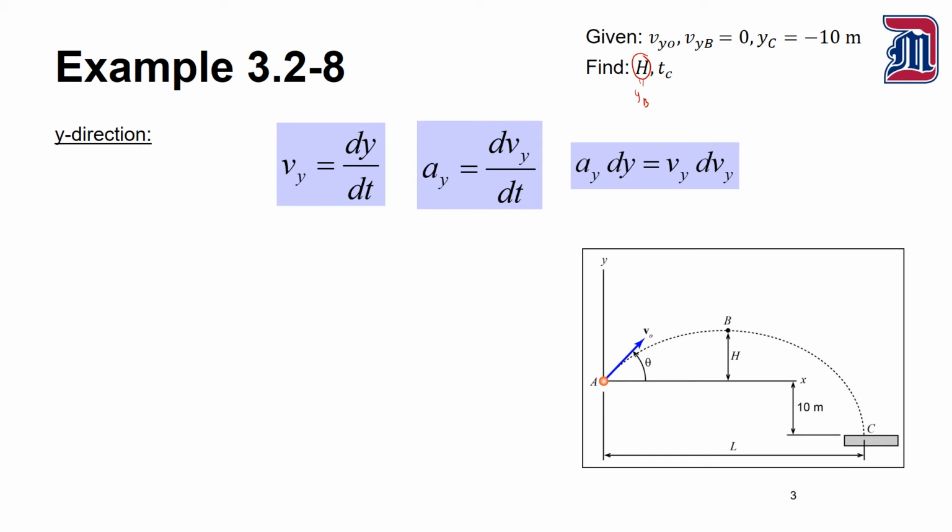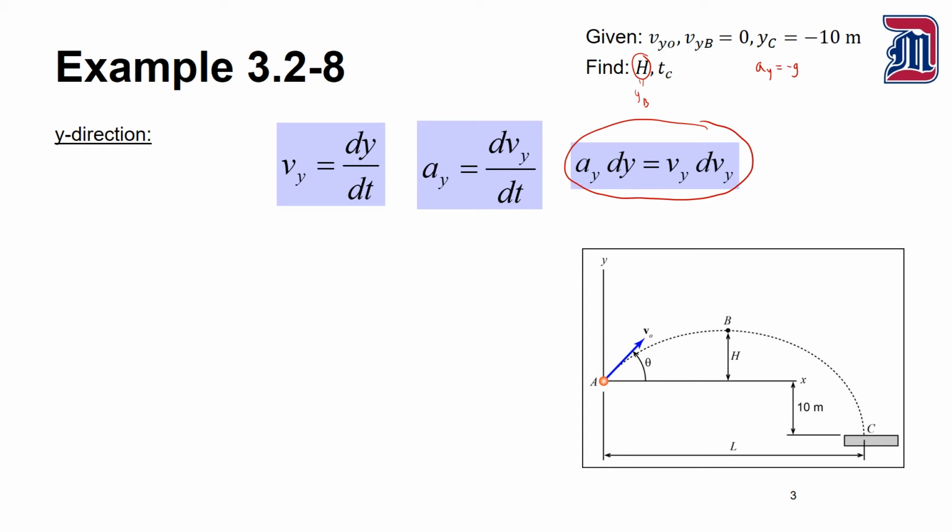Again, we want to remember that we know what the y component of the acceleration is. If we look at what we're given and what we're trying to find, of the three equations, the third one has everything that we need.